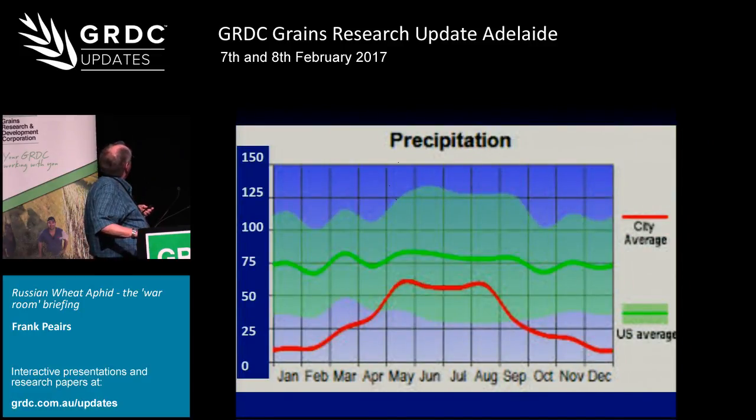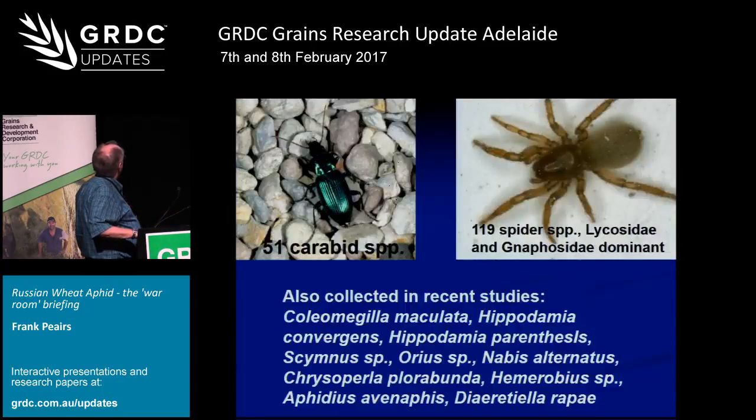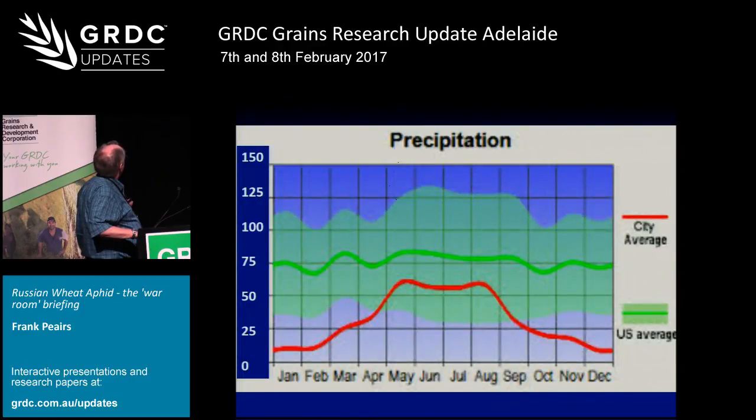It's also a dry season, low rainfall aphid. This is monthly precipitation totals for the aphid. And in eastern Colorado, we grow our wheat with roughly 250 to 500 millimeters of rain a year.